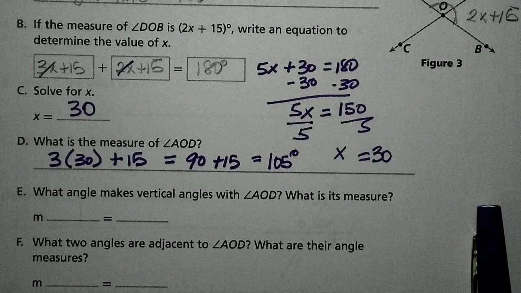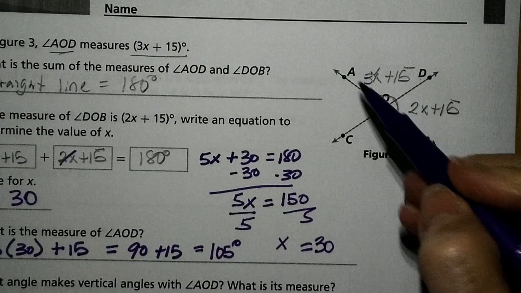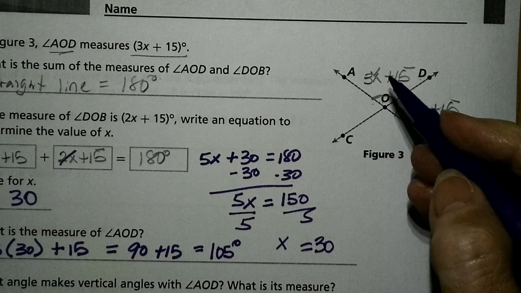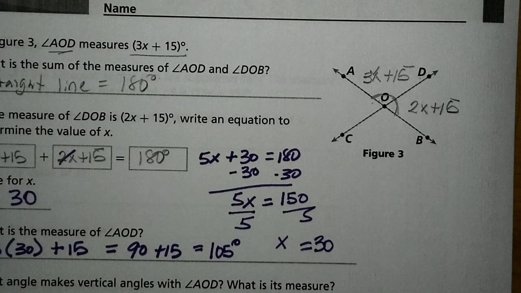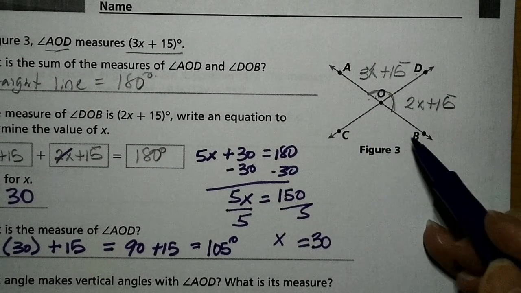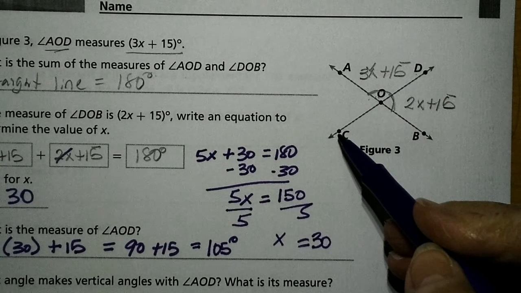All right, so what angle makes vertical angles with AOD? So this is AOD. So across. Which one would be across? COB.